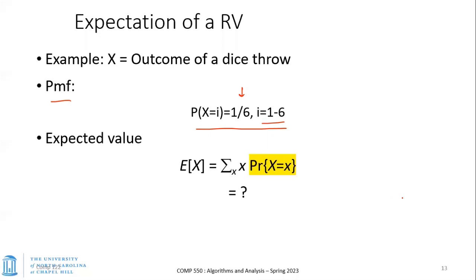So the expected value would be what? Can somebody calculate that for me? What would be the expected value for the random variable X, which is defined to have the values of the die itself? Somebody with a calculator? Well, just tell me what the equation would be.